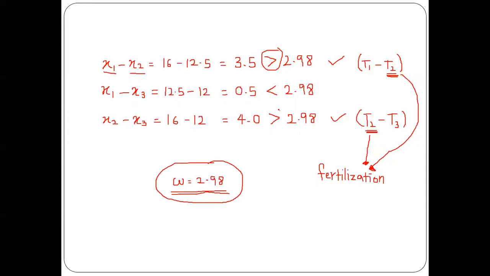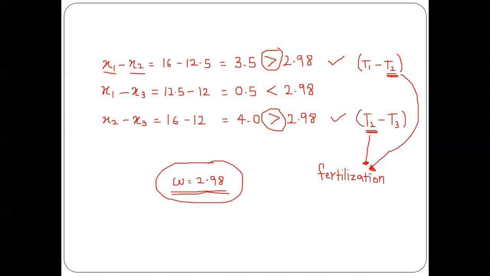If you only have one value that is greater than the value of omega, you just simply conclude like what we have concluded in one-way ANOVA. But now we have two different comparisons that have a value greater than 2.98.